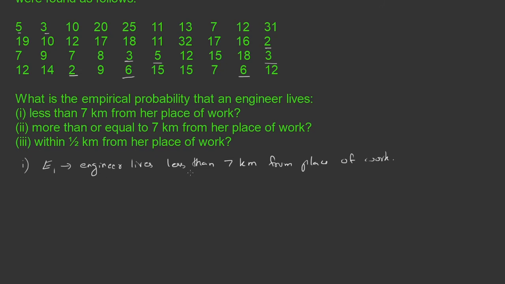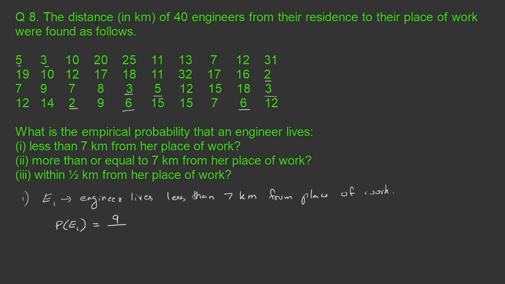So, the number of engineers who live less than 7 km from place of work is 9. So, the probability of this event P(E1) is equal to 9 by the total number of engineers, that is 40 given in the question. So, 9 divided by 40.